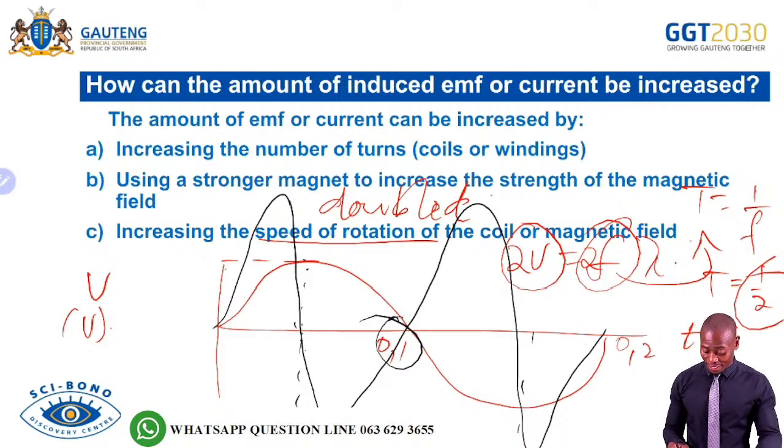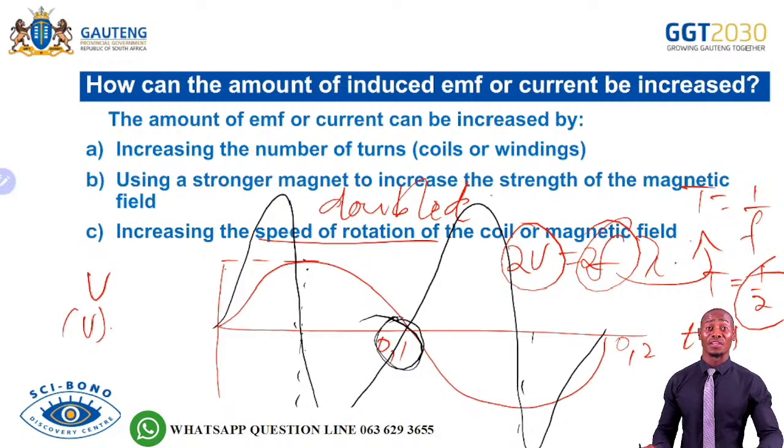For example, here, right? Half of 0.1. Then you can get that. I hope you can see what I'm talking about here. So there are two things that are being affected here: the maximum EMF induced, and also the frequency. And if the frequency is affected, the period will also be affected.